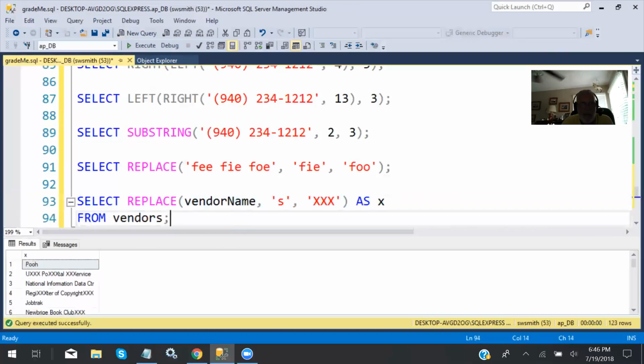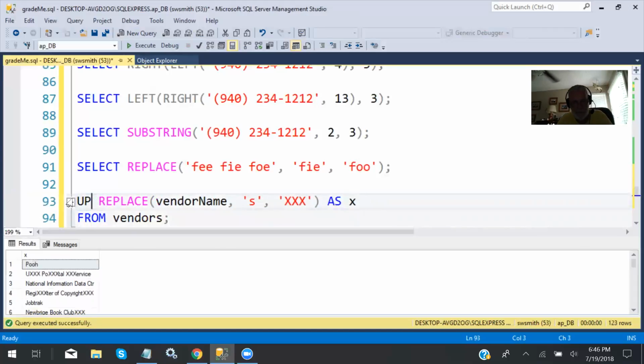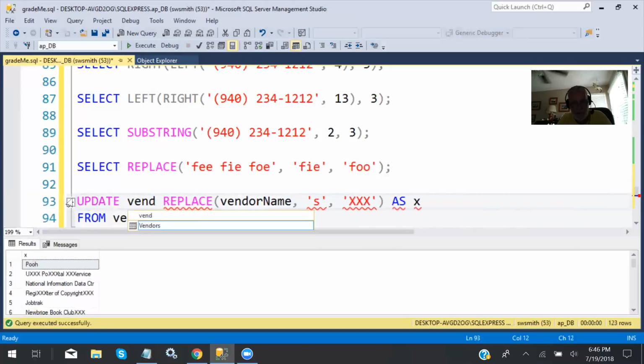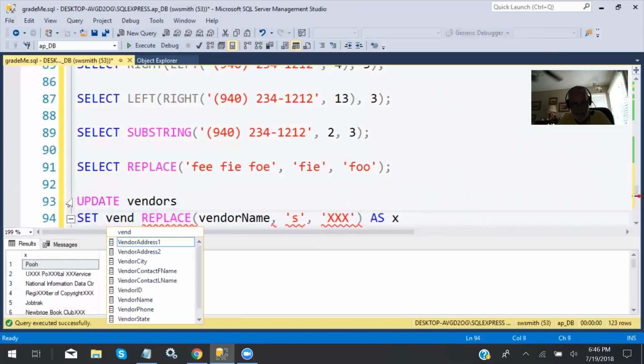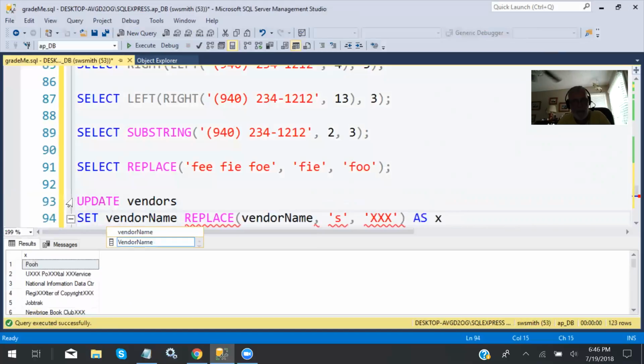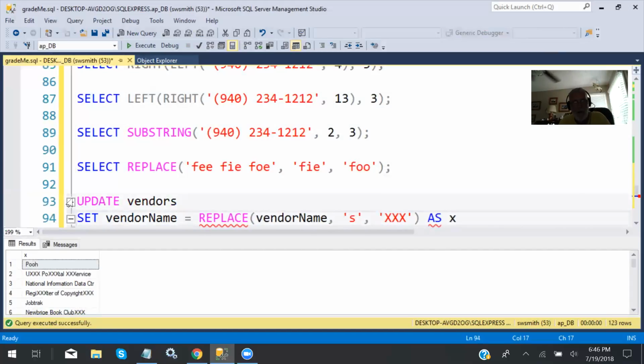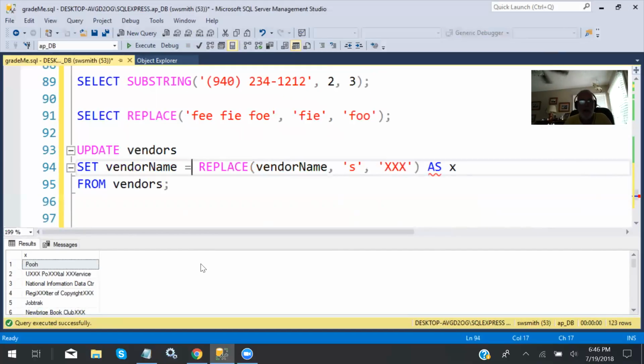Now, if I were to say update vendors, set vendor name equals. Now, I really do not want to run this. Because if I do, I'm going to change all of my vendor names.